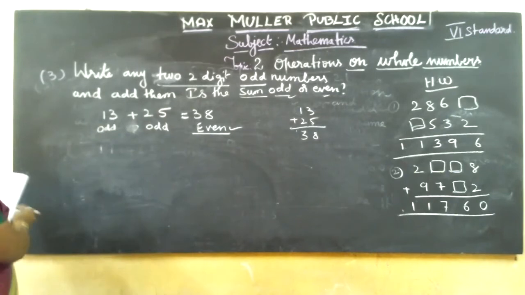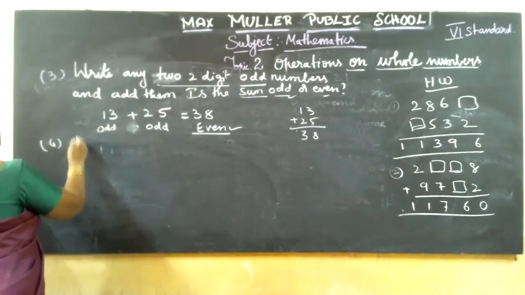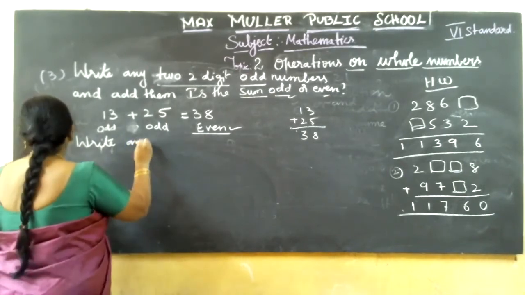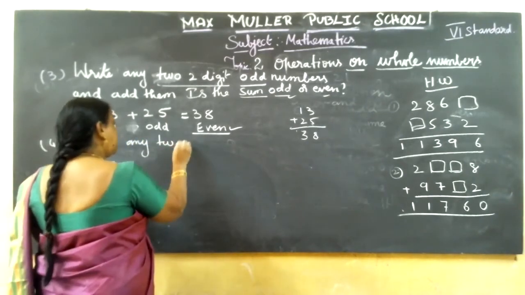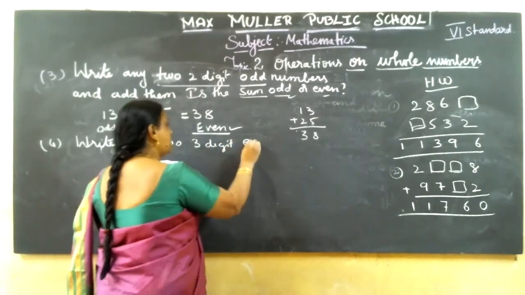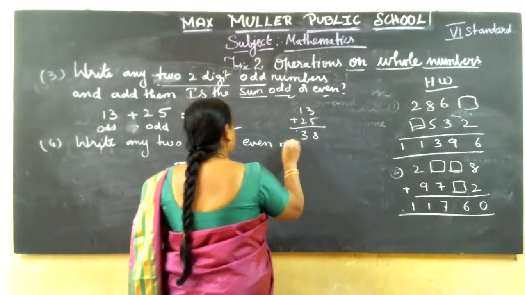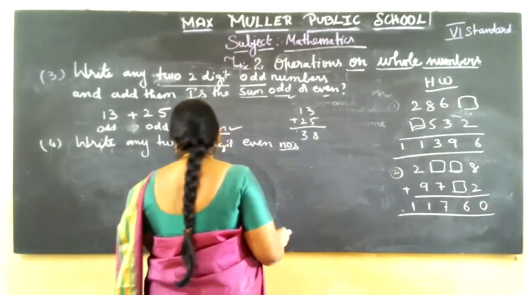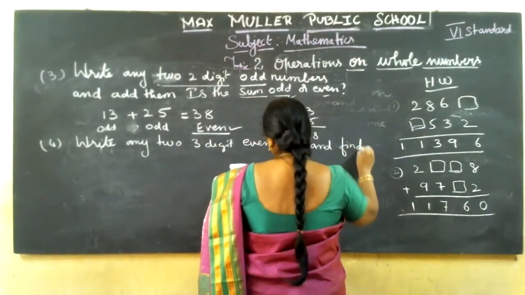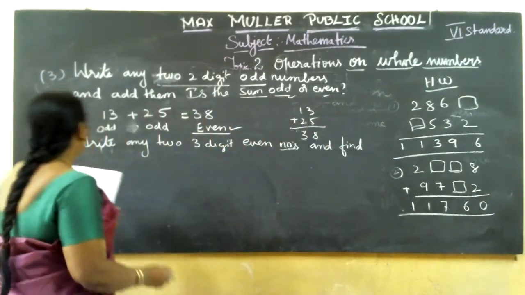Now next, fourth question. Write any two three-digit even numbers and find their difference.